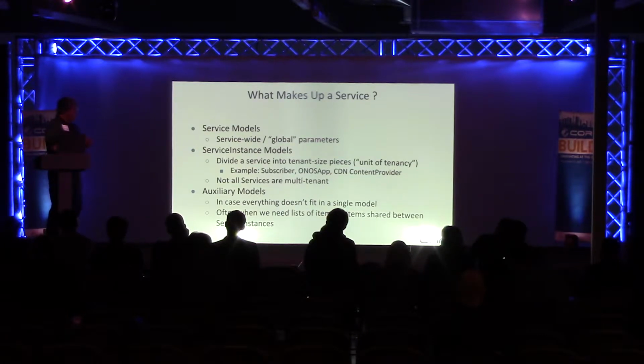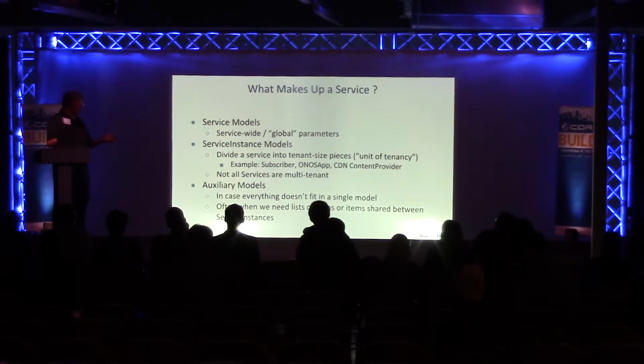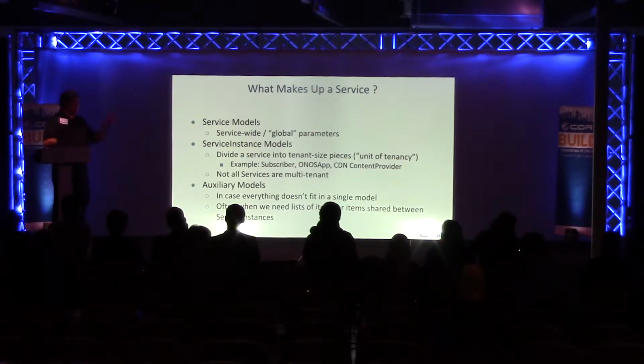So there are also some auxiliary models, and auxiliary models would be anything that doesn't fit in the service model or the service instance model. This will come into play when you want your service instance to be able to dynamically grow. An example of this that we ran into is we modeled our CORD subscribers one time for a demo, and we wanted to be able to model various computers at the subscriber's house, like mom's PC and dad's PC.